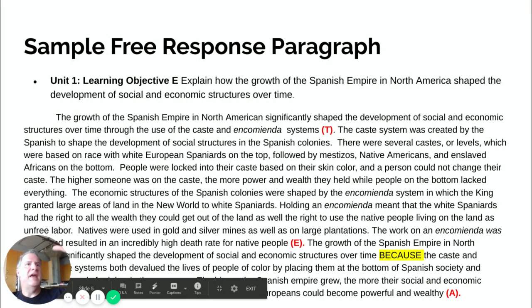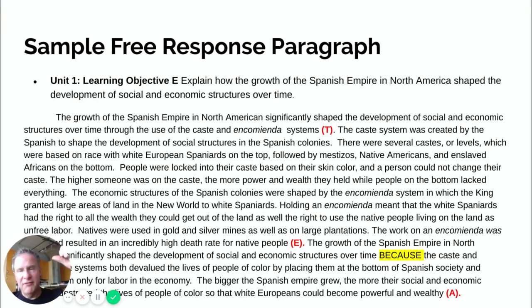Don't give me a gigantic paragraph where you're putting everything in or you're transcribing what we said in the lectures word for word. We don't want that. Part of good historical writing is narrowing down the information and using parts of it that are relevant and correct to be able to express your answer.